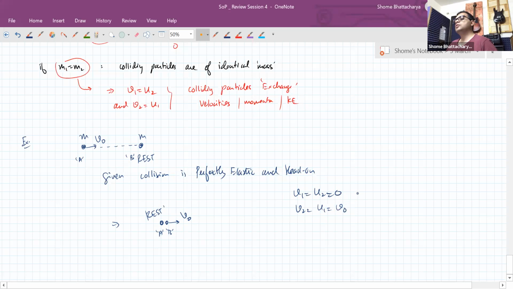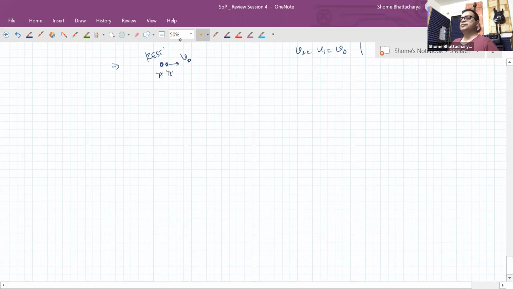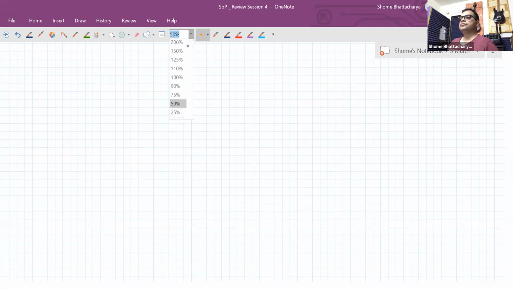They exchange velocities, momentum, kinetic energy.